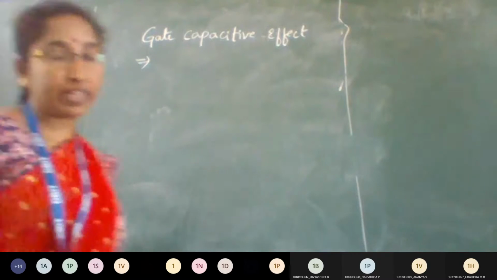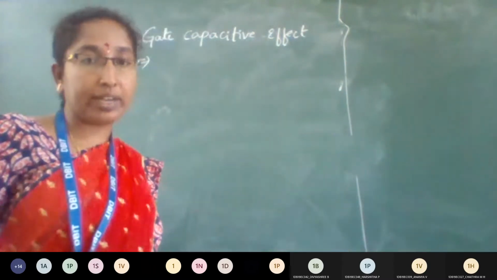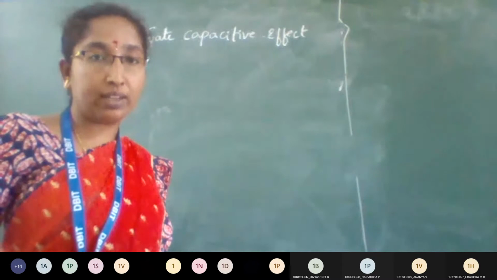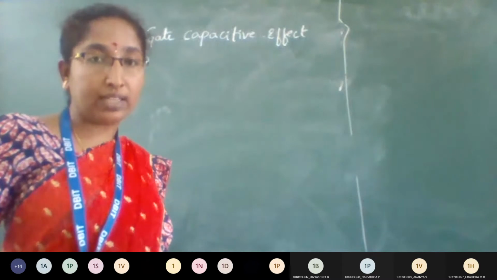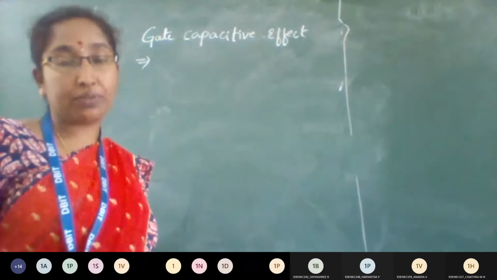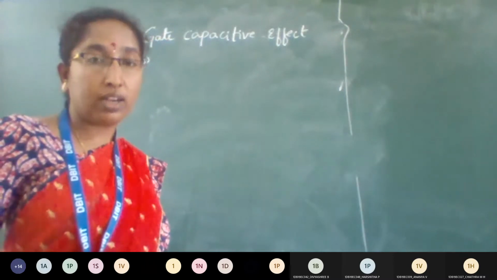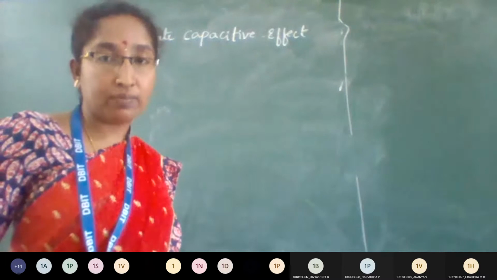I told you there are a total of 5 capacitances: gate source, gate drain, gate body, CSB, CDB. Among them, the first 3 capacitances come under gate capacitive effect. So we are going to find out according to the region of operation.